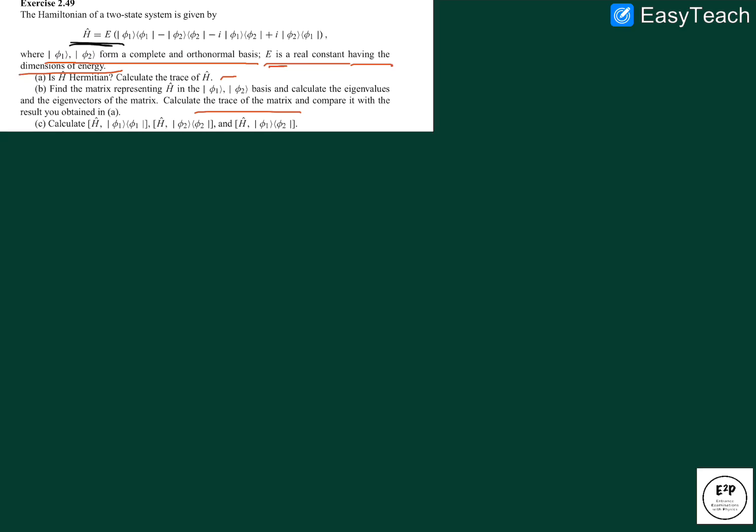Okay, so first let us start with the first question, to see if H is Hermitian. One thing we should know is that if we take the dagger of ket phi 1, we will get bra phi 1, and the same goes for ket phi 2.